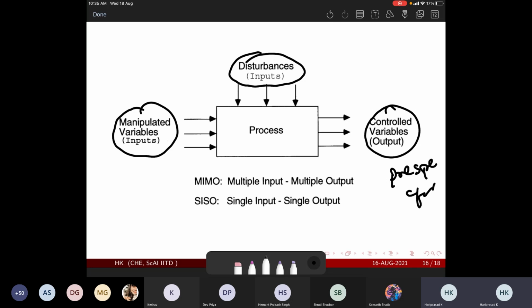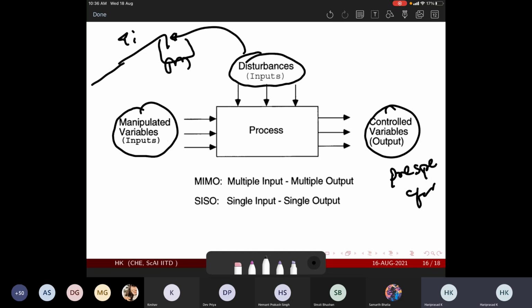There is no control on certain variables, for instance the inlet temperature for that heater: if it is coming from some downstream process and you don't have any control, then T_i cannot be manipulated. It can be a disturbance.